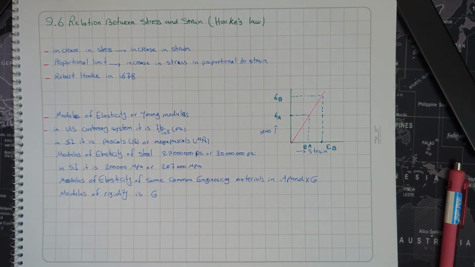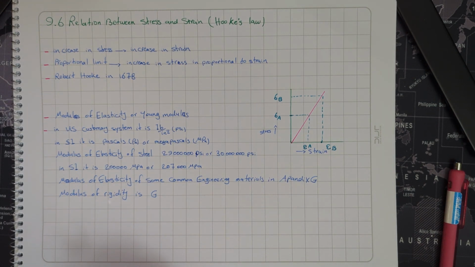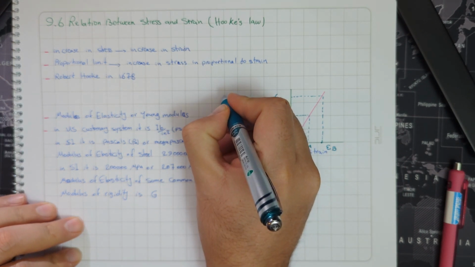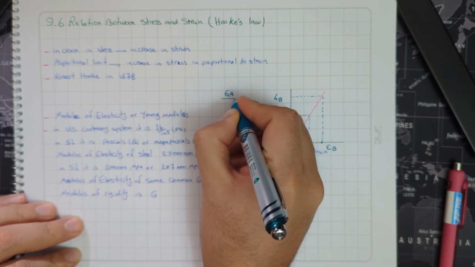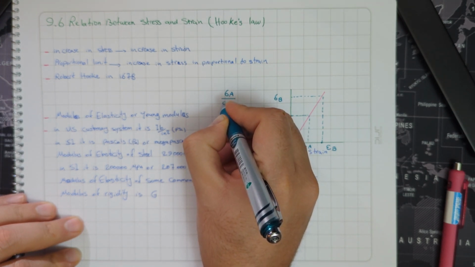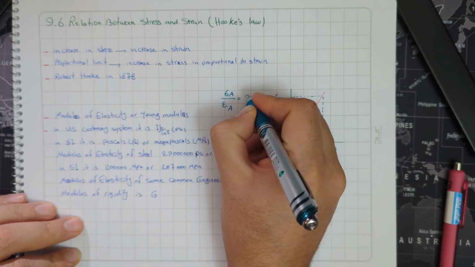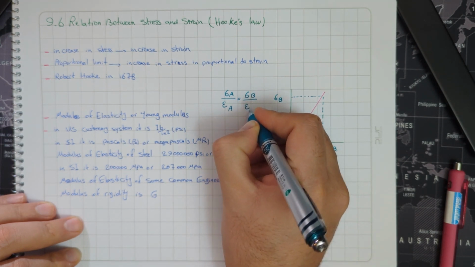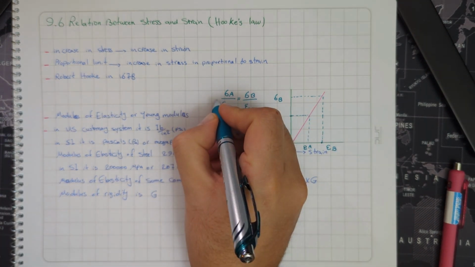Alright, so as this is proportional, we can always say this, because it is proportional: sigma A over epsilon A equals sigma B over epsilon B, because it is constant.